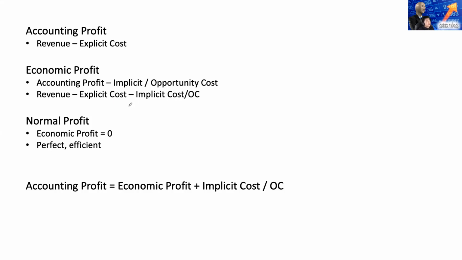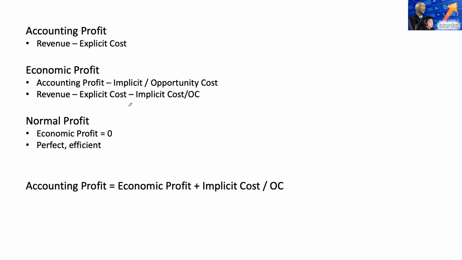So accounting profit, from the name you can see, it is accounting, it's just raw numbers. So it's revenue minus explicit cost. And economic profit, from the name you can see, you're counting all the factors in, opportunity cost and all that stuff. So it is different from accounting profit. It's accounting profit minus the opportunity cost.